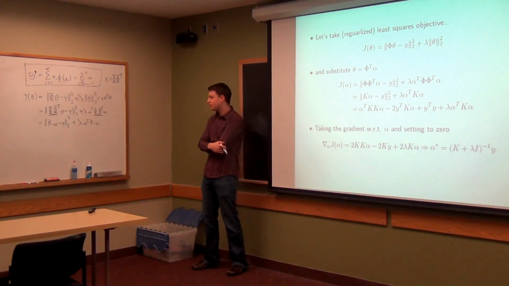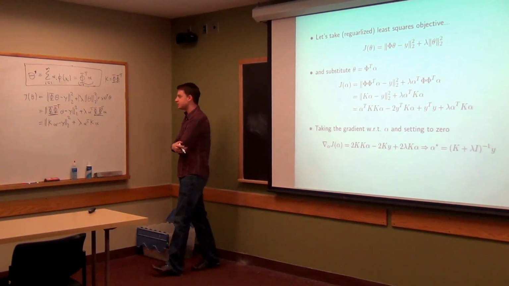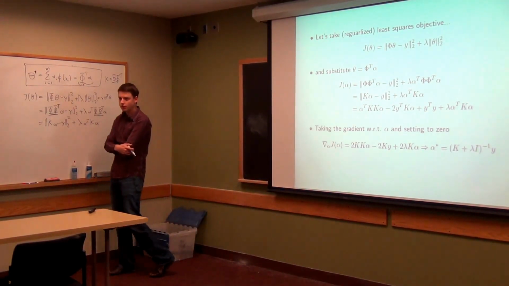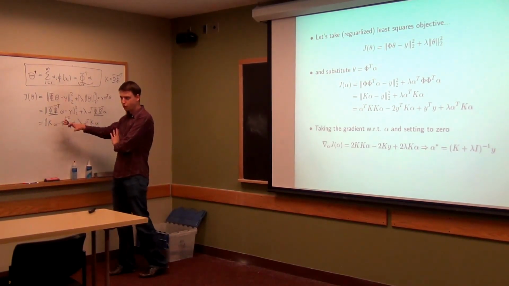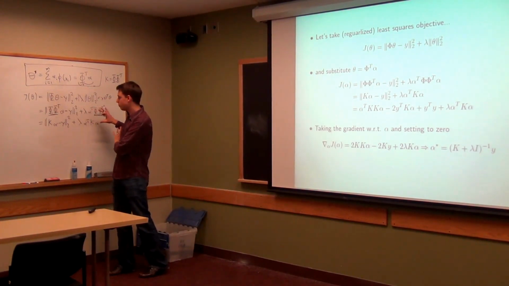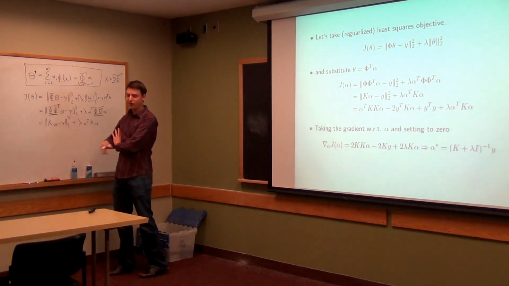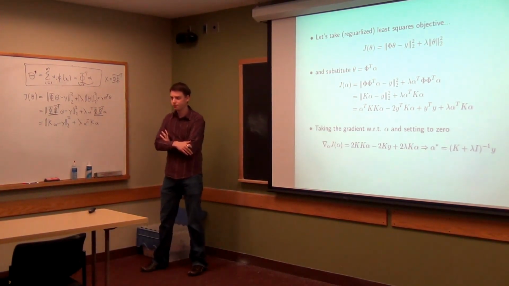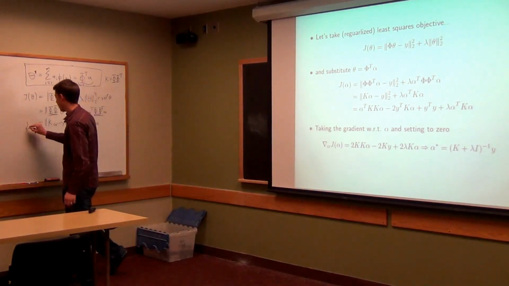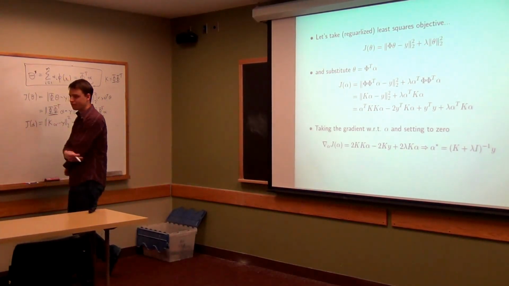I got rid of all instances of phi and theta from this equation. It's still the exact same thing. There are no approximations here, but through some manipulations I just got rid of phi and theta. So really, we could write this as J of alpha equals that.